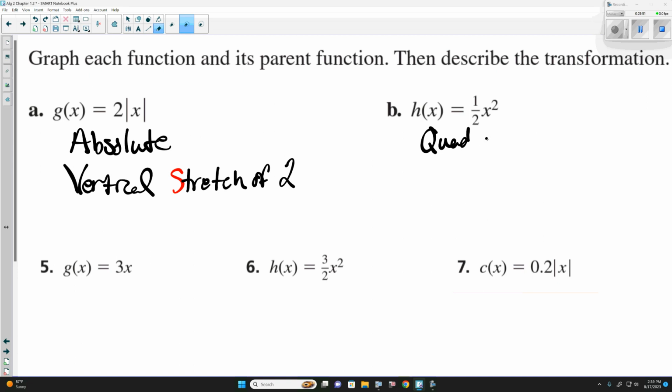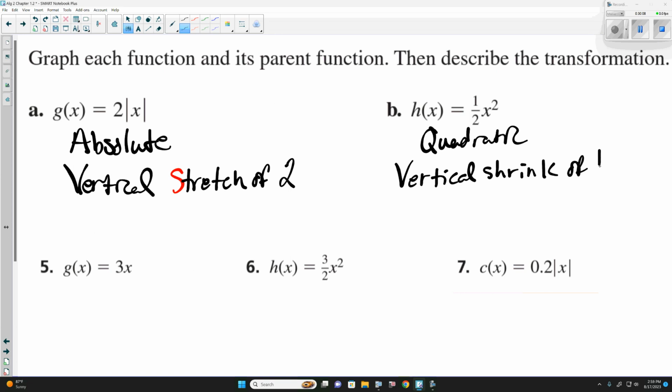Quadratic. I just called it a four-sided figure. That's funny. So it is a quadratic. Yes. Of 1/2. That's it. Questions on this here?